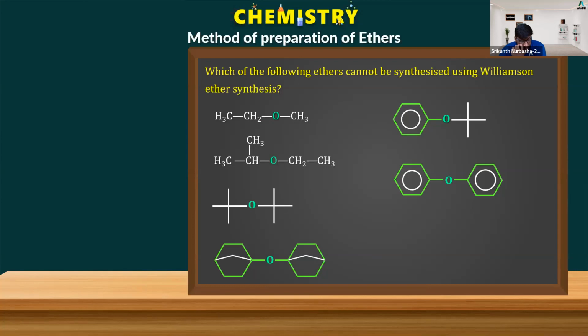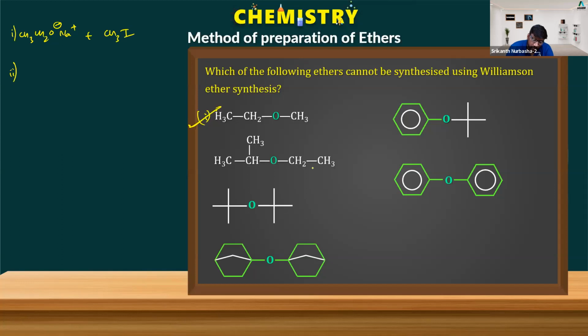Can the first ether be prepared? Yes, because I can take CH3CH2O minus Na plus and CH3I. So the first one I can prepare.